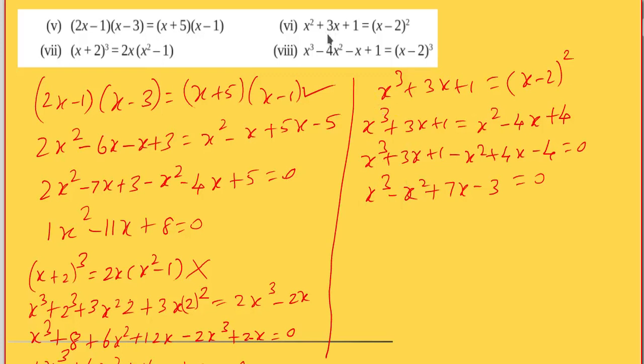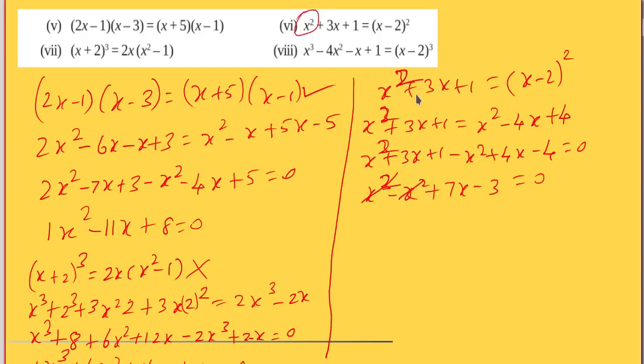On the left, x square plus 3x plus 1. We wrote x cube now, but it is x square only. So x square, and here on the right x square is there. Both are x square, so it will get cancelled. It is not cube, what is given here is square only.